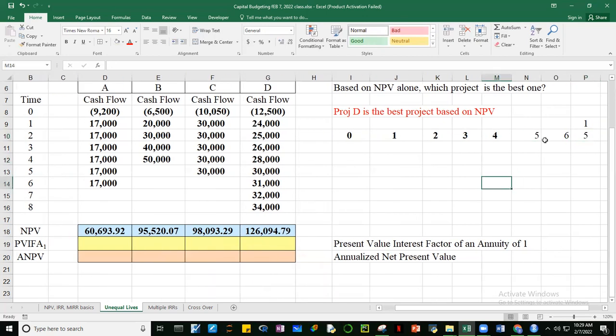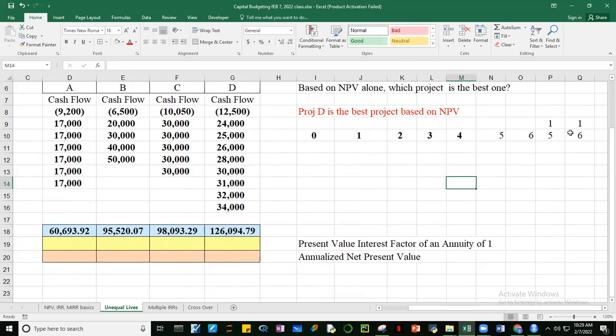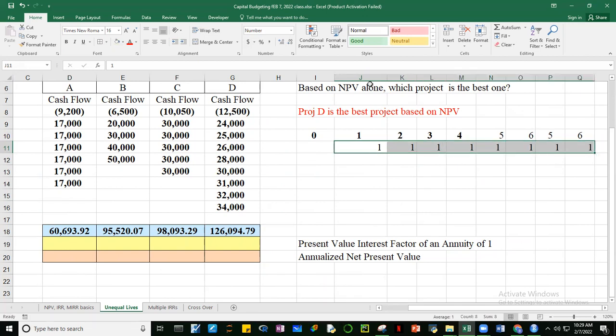But 6 years siya, no? Si Project A. So what we need to do is compute for the present value interest factor of an annuity. Ibig sabihin, meron tayong annuity ng 1. Okay, if you recall annuity, guys, uniform stream of cash flows.